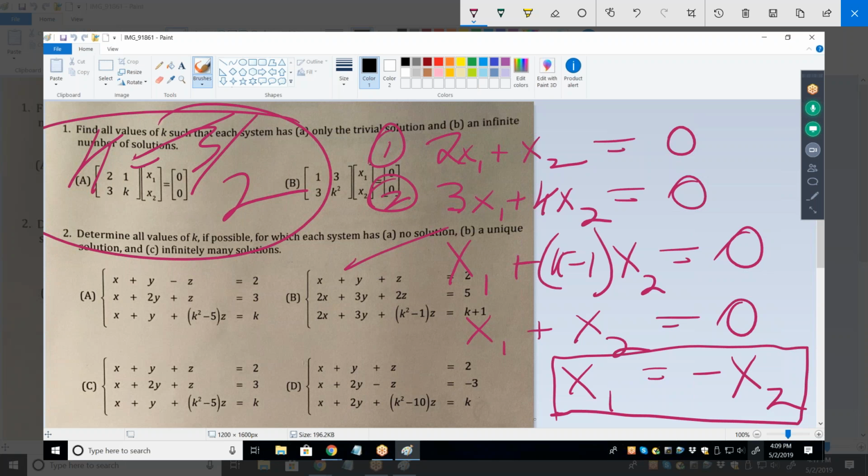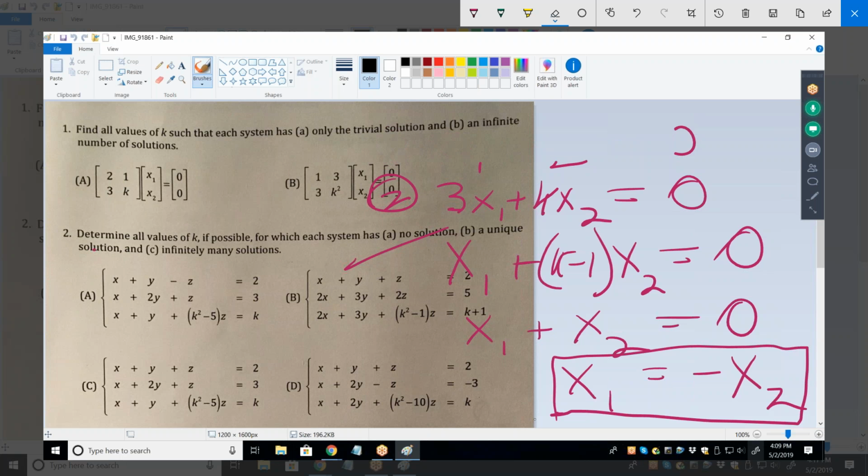For some reason I questioned this when I just started talking about it. Let's give this a little bit more thought and test out my hypothesis. If k is equal to 2, does this give me a solution?